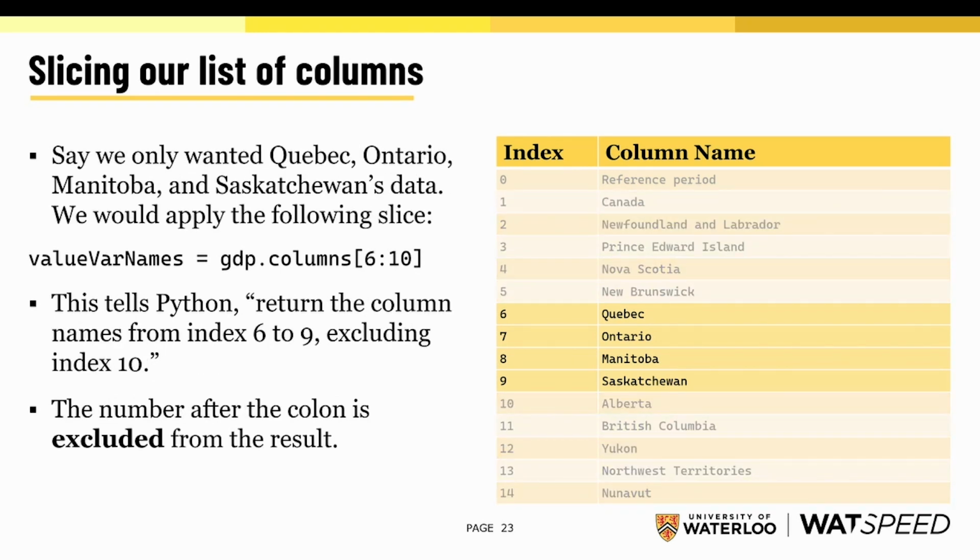If we only want Quebec, Ontario, Manitoba, and Saskatchewan, we would use the following slice, 6, colon, 10. Because that tells Python, give me the column names from indexes 6 through 9, excluding index 10. Remember that the number after the colon is excluded from the result.